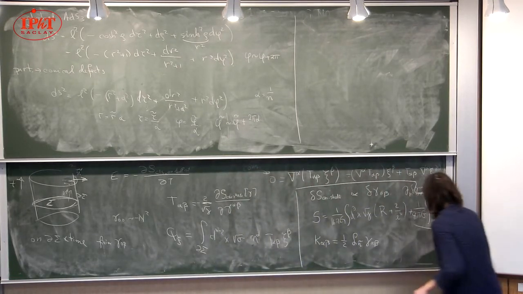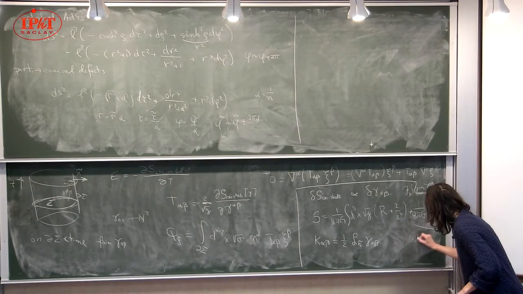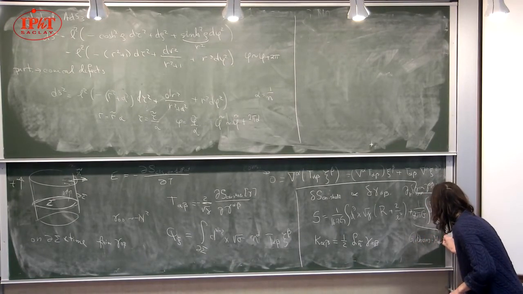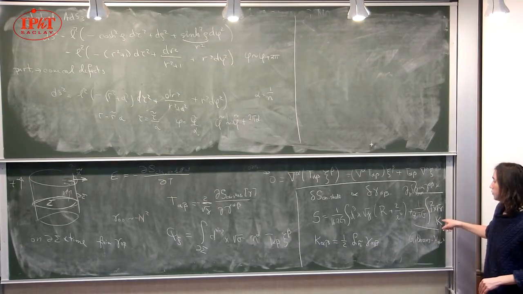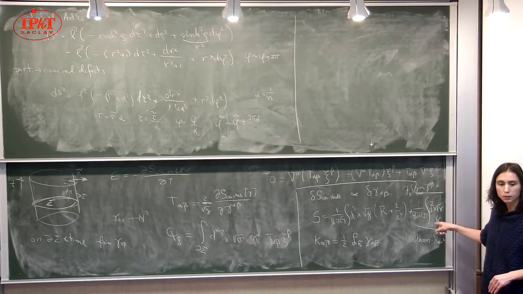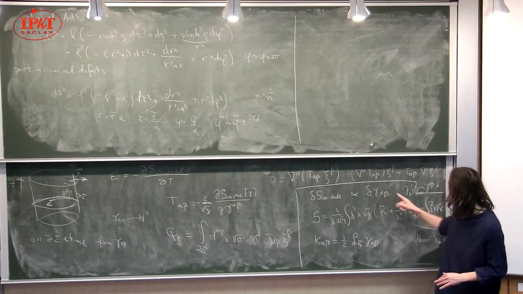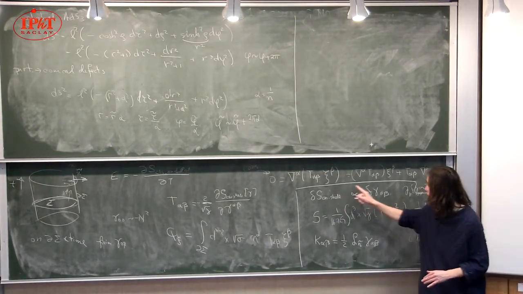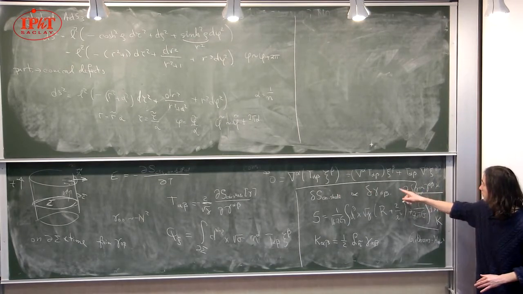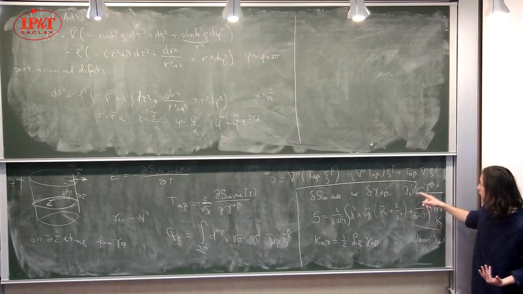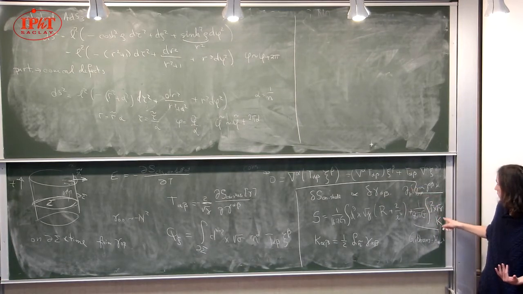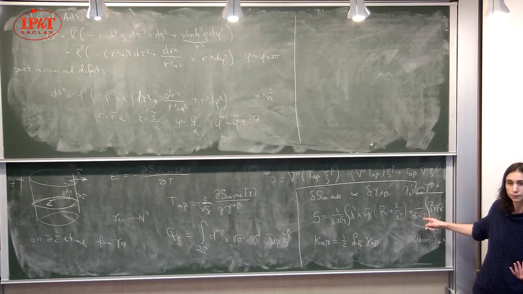This is called the Gibbons-Hawking term. You can find the derivation for it in Wald, for example, I think Appendix E, where you see that the on-shell action is not proportional to delta gamma alpha beta, and how you derive this term with the correct coefficient.